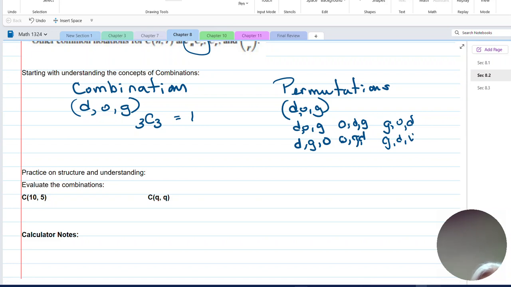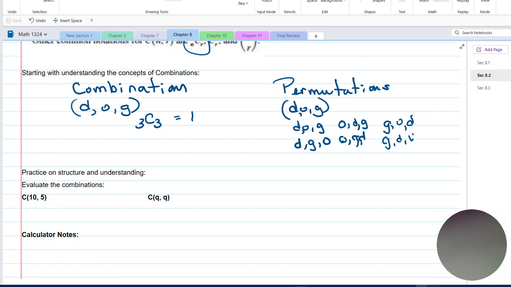Okay, and I think I have them all, don't I? I'm missing some, aren't I? What am I missing? DOG, DGO. Yes, and that would be what we have for that permutation of DOG.